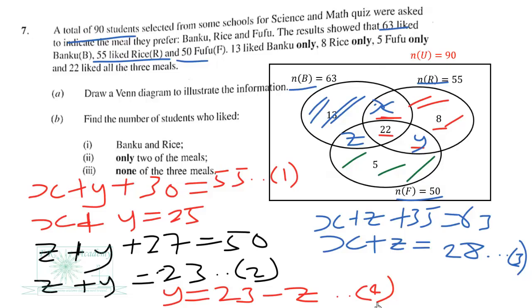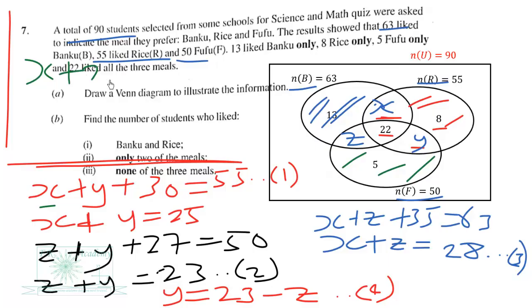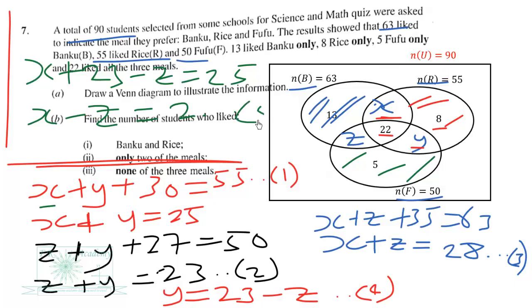So if that is the case, I'm going to get x plus y, so y is 23 minus z, is equal to 25. So x minus z will be equal to 25 minus 23, which is 2. So I have another equation here. Let me call it equation 5.